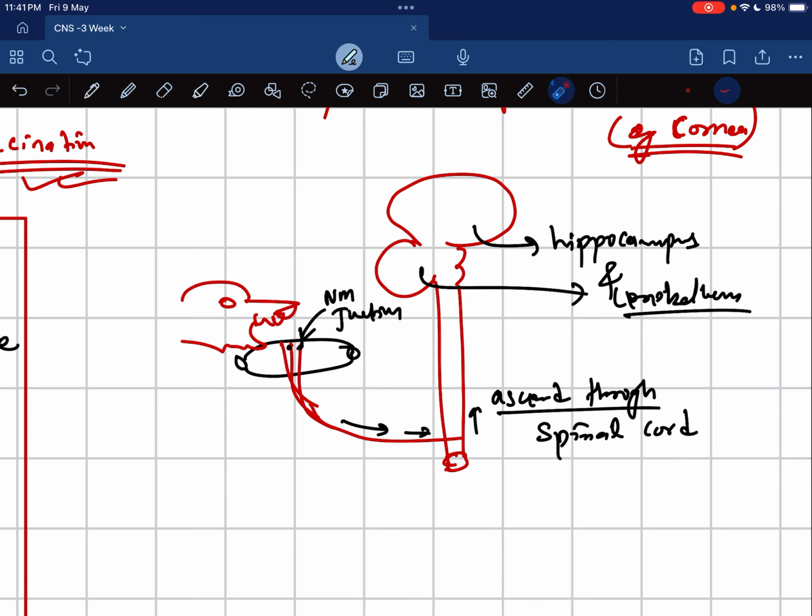The virus infects this area. After the infection, it comes to the salivary gland.